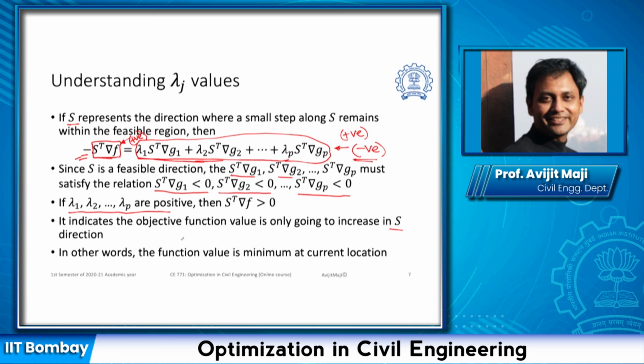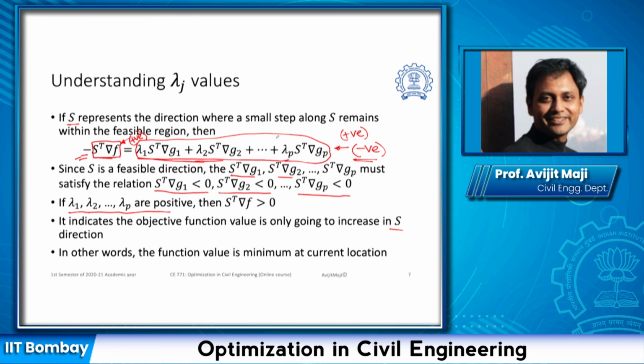In any direction we move from that, our function value is increasing. If we want to minimize a function, we should not move from that particular location, which means for a minimization problem we have already reached the minimum point. If we find that all the lambda values are positive for the active constraints, then we can surely say that we have reached a point where the function value is minimum.